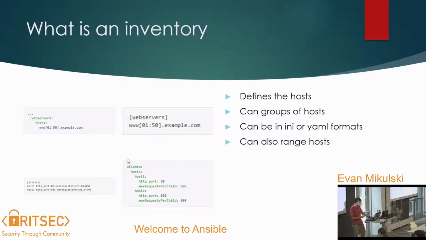It makes for really clean and concise inventory files while still making it easy to define what hosts you're trying to impact. So these web servers, www01 to 50, are under the group name of webservers. In your Ansible file, you just say hosts: webservers, and it will run against all of these.